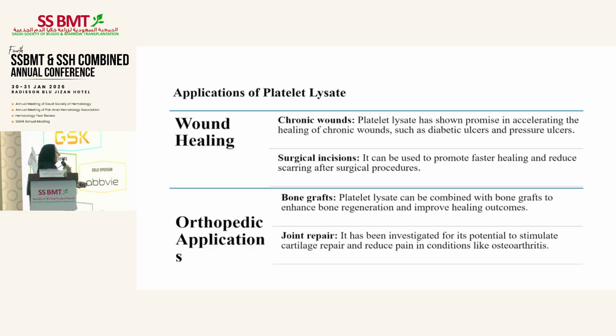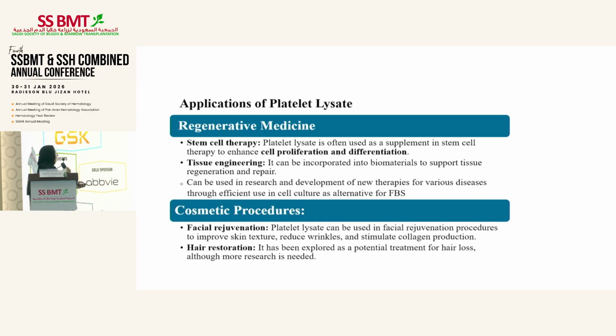It has been used clinically and promotes faster healing and reduces scarring of surgical procedures. In bone grafting, they are using it combined with bone graft to enhance regeneration and improve healing of bones. Also in joint repair, it leads to cartilage repair and reduces pain.